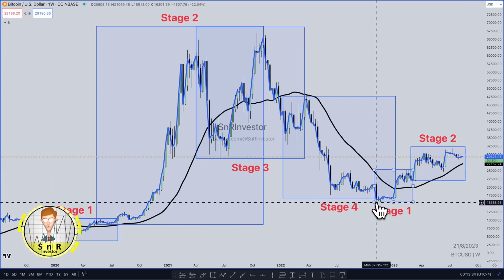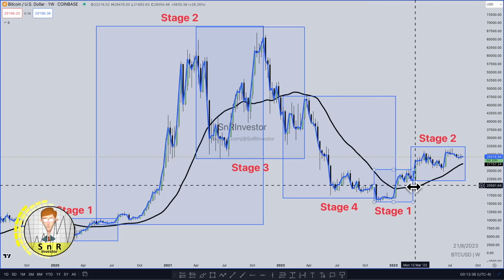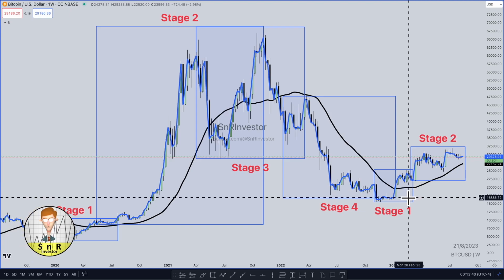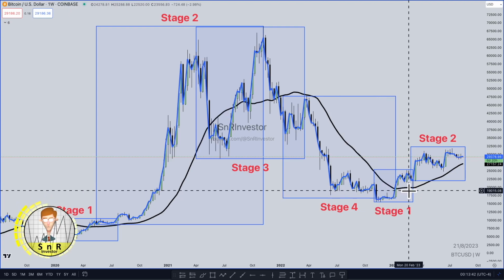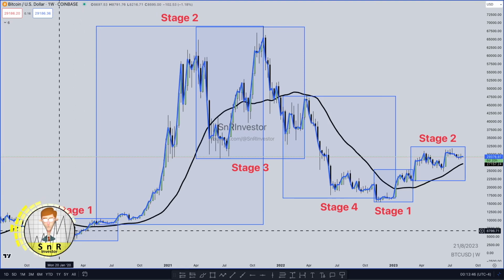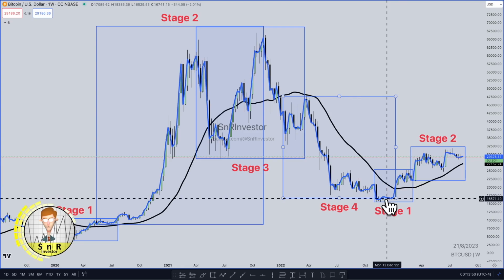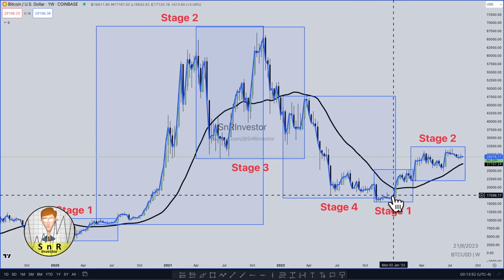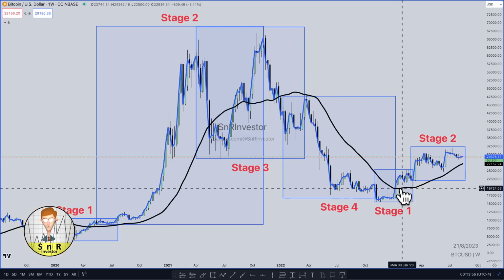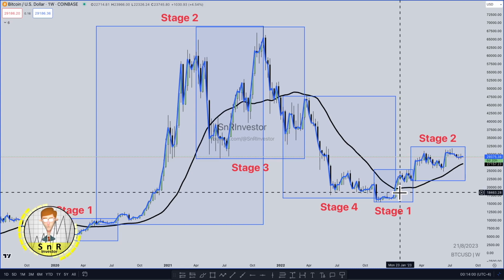Then the stage 1 to stage 2 transition over here is a bit more difficult to identify because the stage 1 is not as prolonged as the stage 1 during 2020. The stage 1 between 2022 to 2023 is a very quick stage 1 because there's only one cut across the 30-week moving average, making it pretty difficult to identify as stage 1.